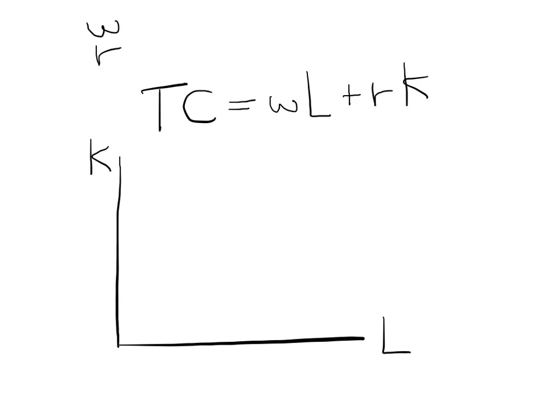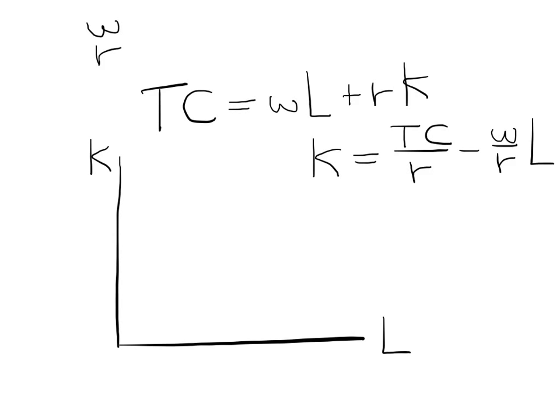What you will have is K equals TC over R minus W over R times L. If you put this in the diagram, it will give you all the combinations of capital and labor that you can purchase given particular values of wage, rent, and total cost.